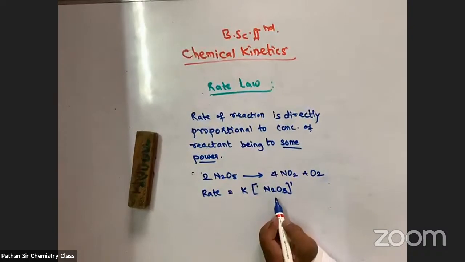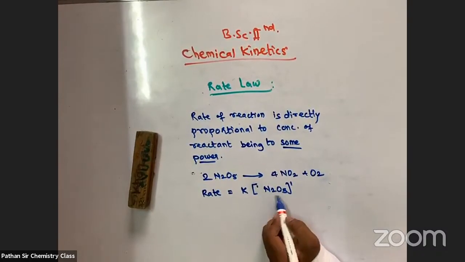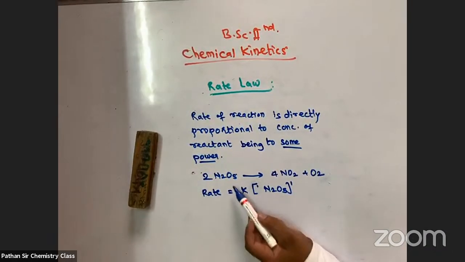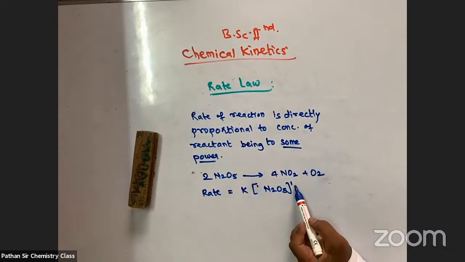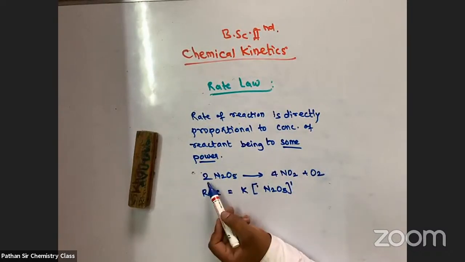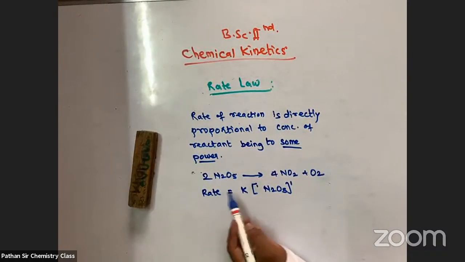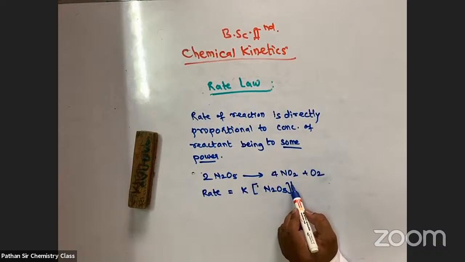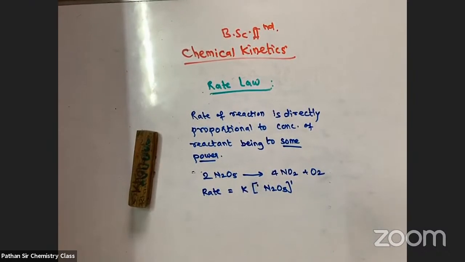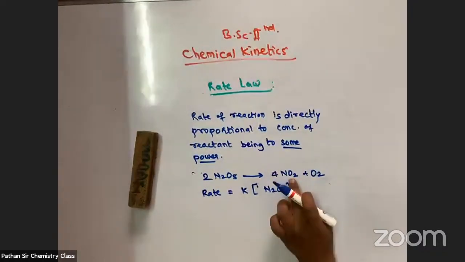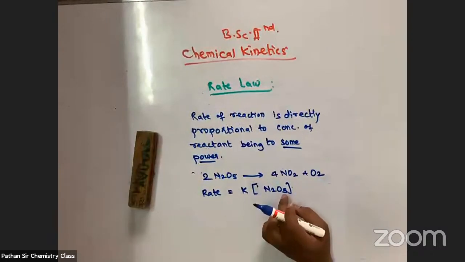This is an experimentally determined quantity, and it is found that the rate of decomposition of N2O5 is directly proportional to the concentration of N2O5 raised to power 1, though you are using 2 molecules of N2O5. But in the rate law, only one power is given. So this is the rate law for the decomposition reaction.